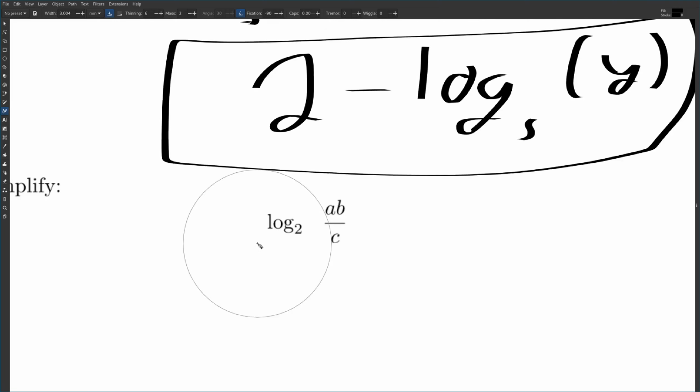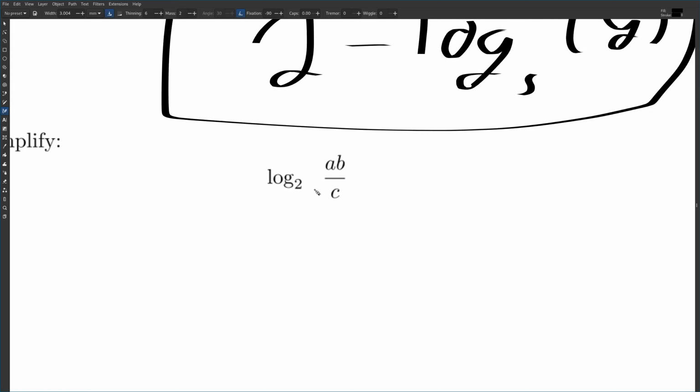Okay, next one, simplify. Log base 2 of AB divided by C. Okay, first one, it's like we have to apply multiple rules, since we have a product and a division here. Okay, let's do it one by one.